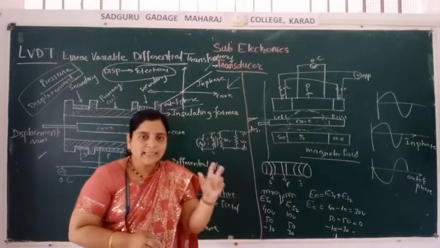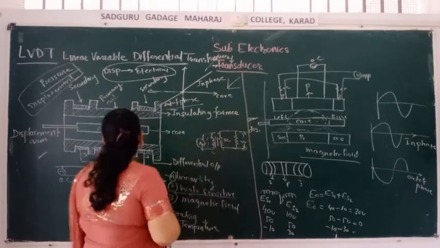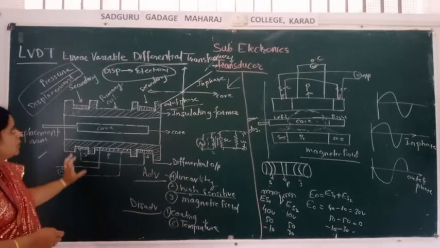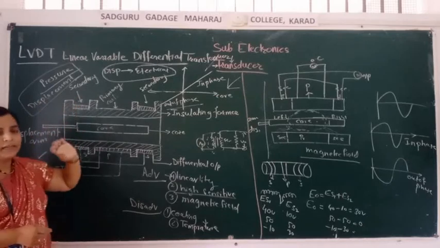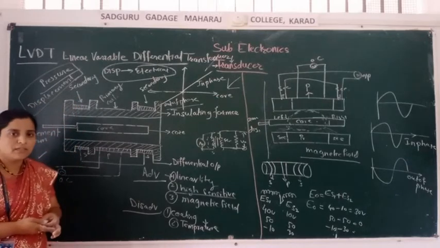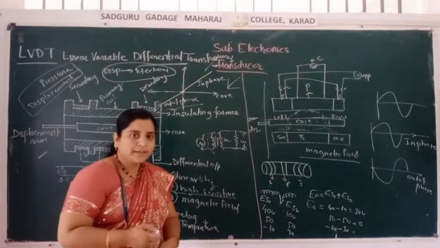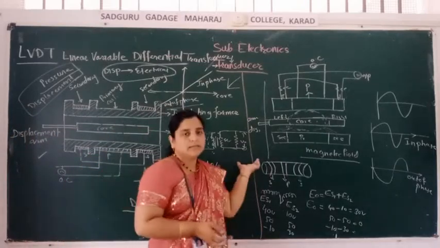To measure that displacement, one arm is connected, meaning this displacement arm. Okay. So this is about our LVDT, linear variable differential transducer. All of you understand this concept? Okay. I will stop it here.